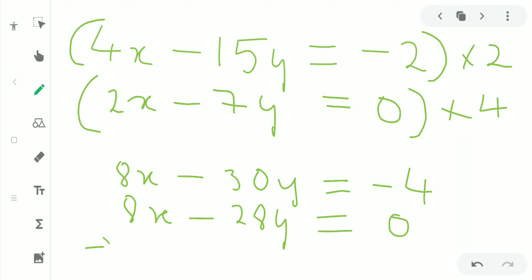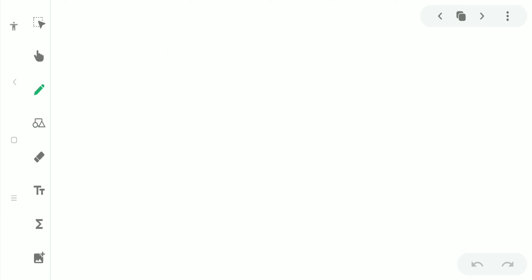So our 8x and 8x will be gone by putting the minus sign. So minus sign and this will be gone. So it will become plus and this will become minus. So minus 30 plus 28, that is 28 minus 30 is nothing but minus 2.